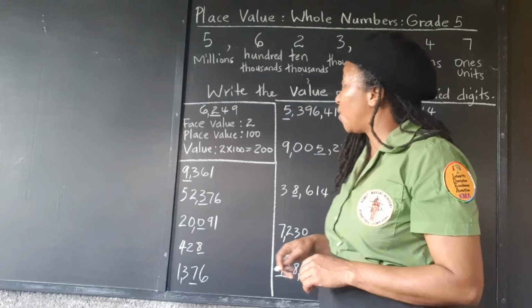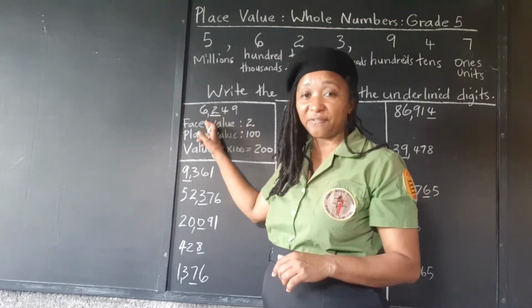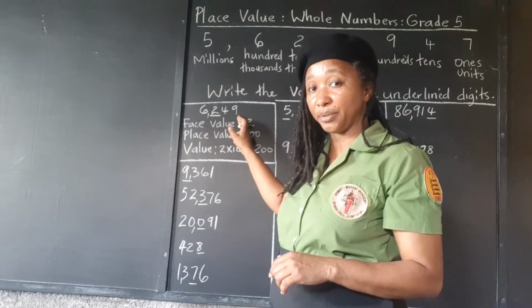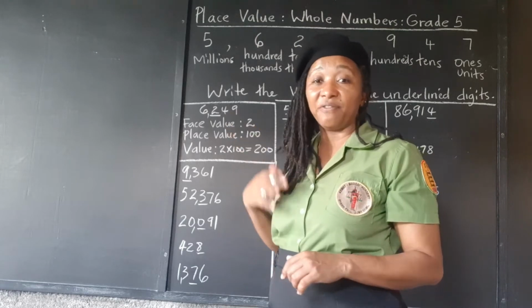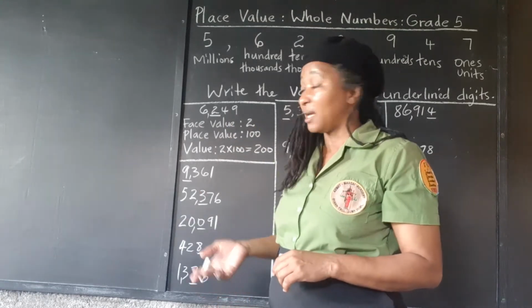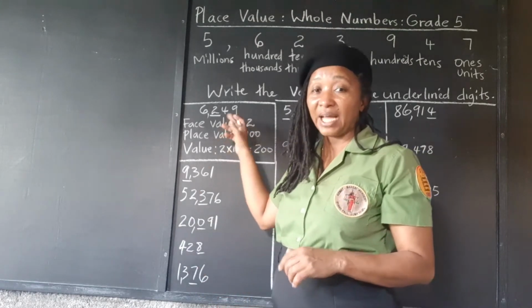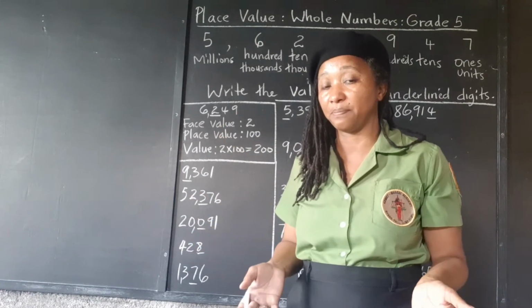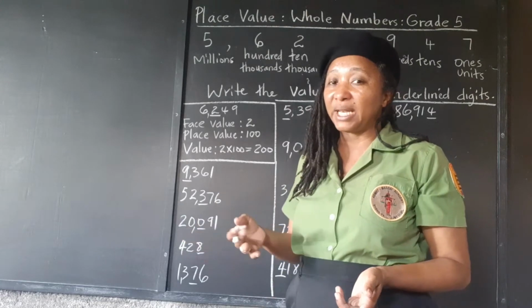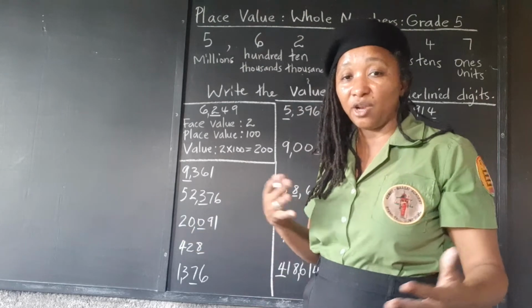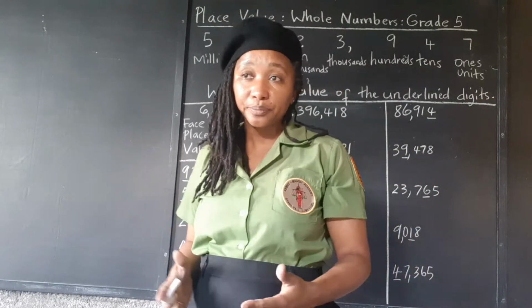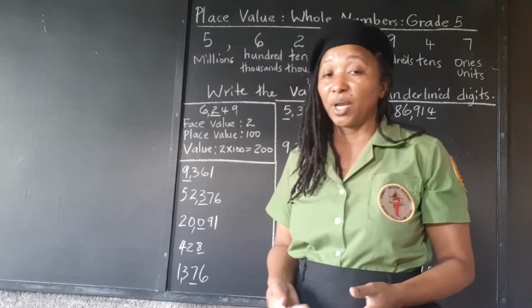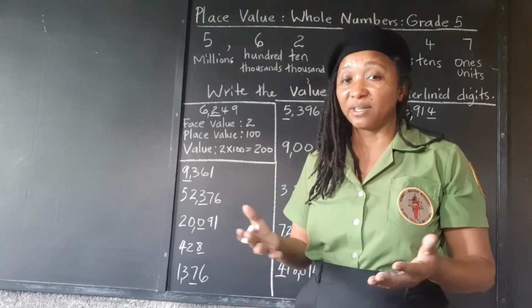So even though it's a smaller face value than the 9, for example, it has a higher value than the 9. This 9 here, at face value, is the biggest digit we can have in our decimal system. Once you get more than 9, you have to bring it over to another place, because we work in powers of 10.